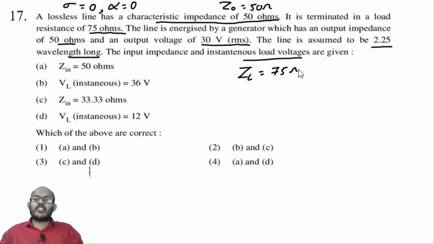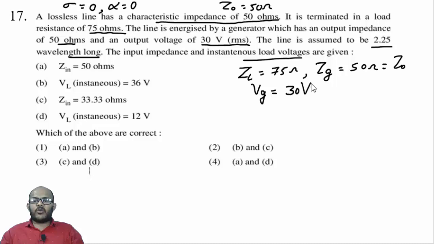So ZL equals 75 ohms. Now what they have given is Zg. On the generator end, the impedance is 50 ohms, which equals the characteristic impedance Z0. Generator voltage equals 30 volt RMS. So we need to calculate the input voltage and the load voltage.